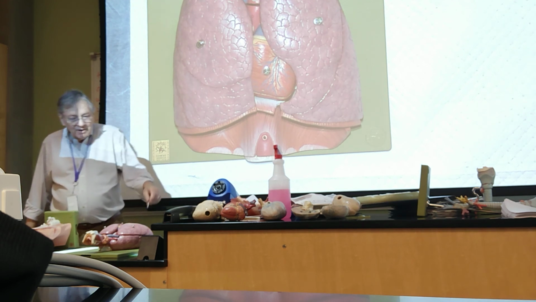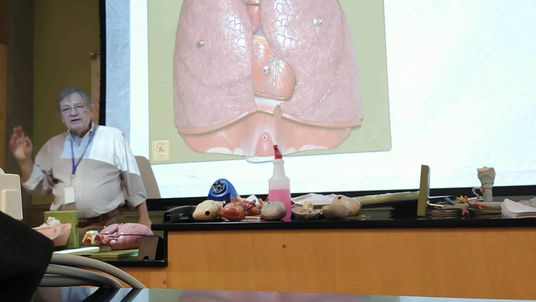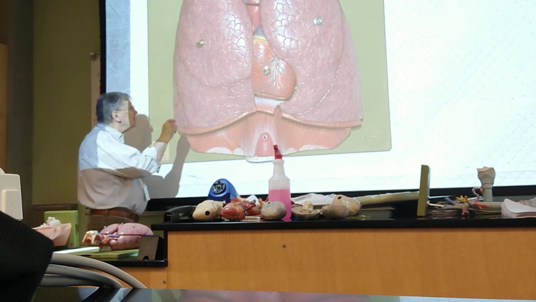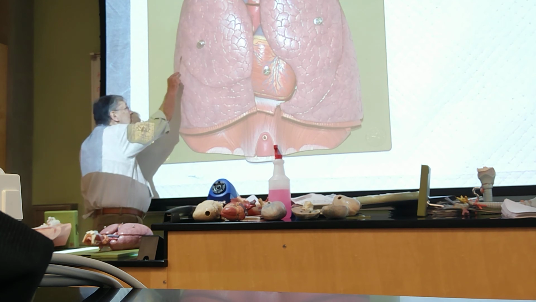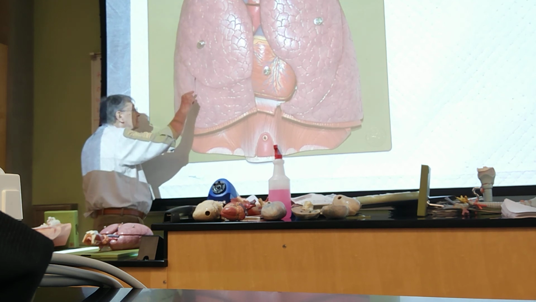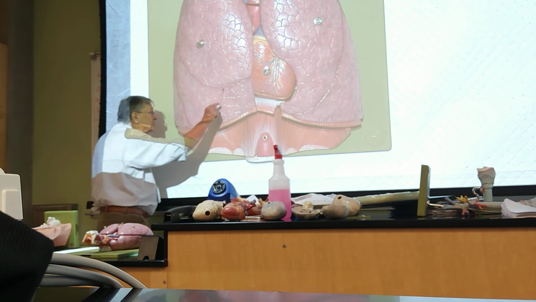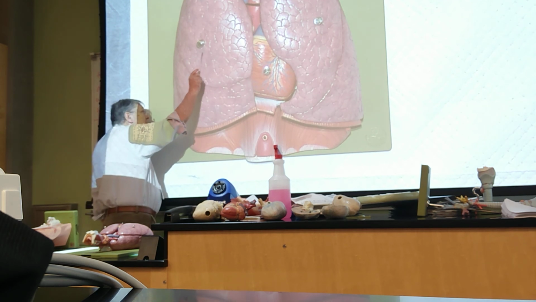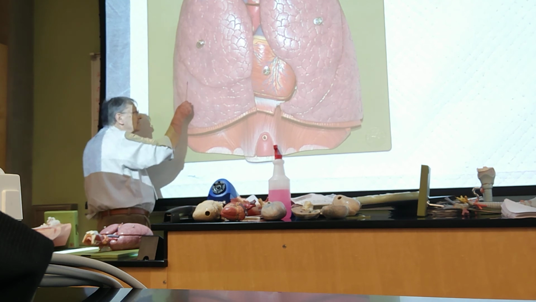All right. So you have a right lung that has 3 lobes. And you can see how to determine. There's a kind of groove that helps you to distinguish. So this is superior, big lobe. This is middle.